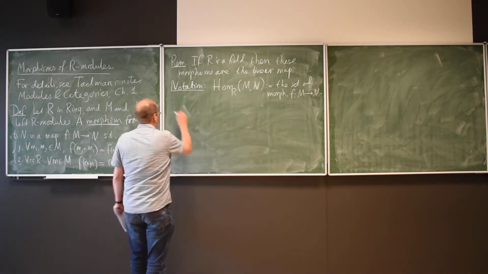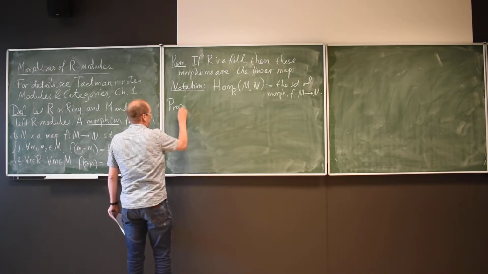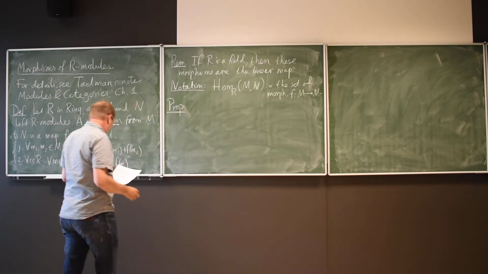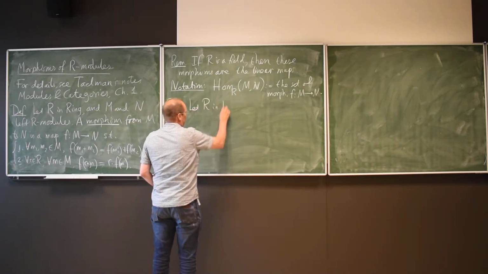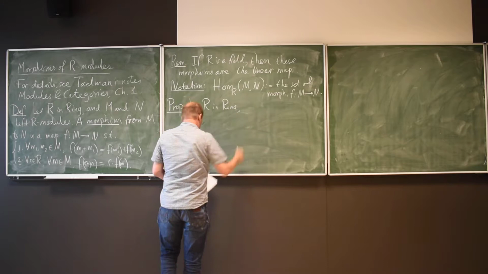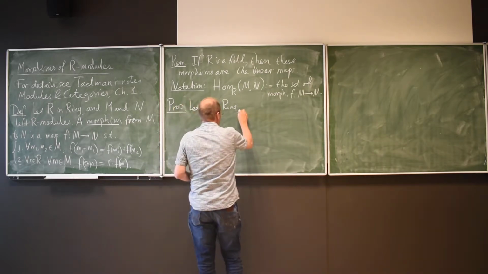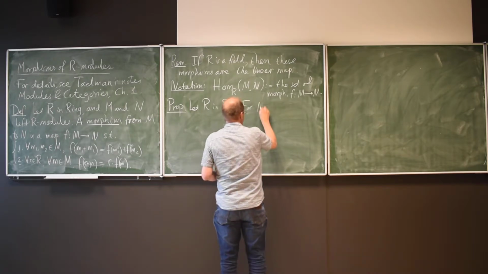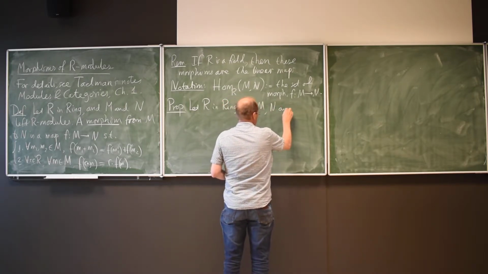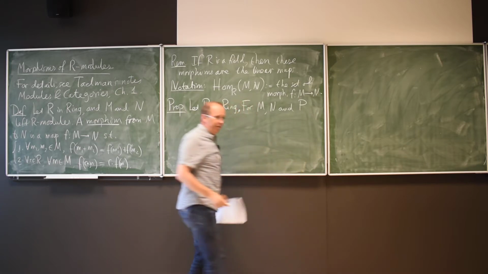So I'm going to formulate a little proposition that does this. Let R be a ring, and we take M, N, and P. Now we have three R modules.